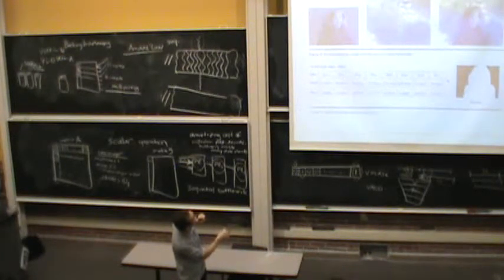Each 8-bit element is compared separately. So is this byte equal to blue? Is this byte equal to blue? Is this byte equal to blue? Is this byte equal to blue? For all 8 bytes. And the result is, if the byte is equal to blue, you get all 1s. If the byte is not equal to blue, you get all 0s. So that's the result of the instruction.